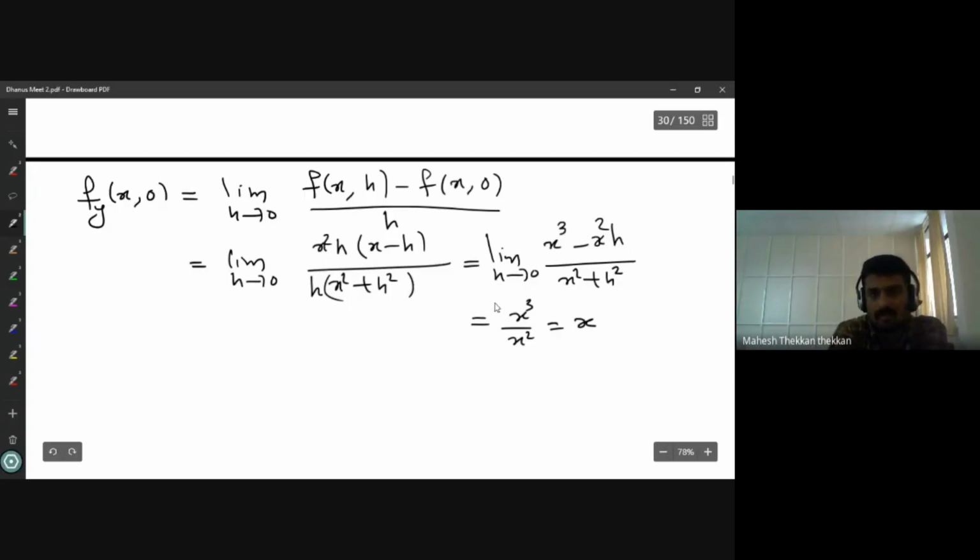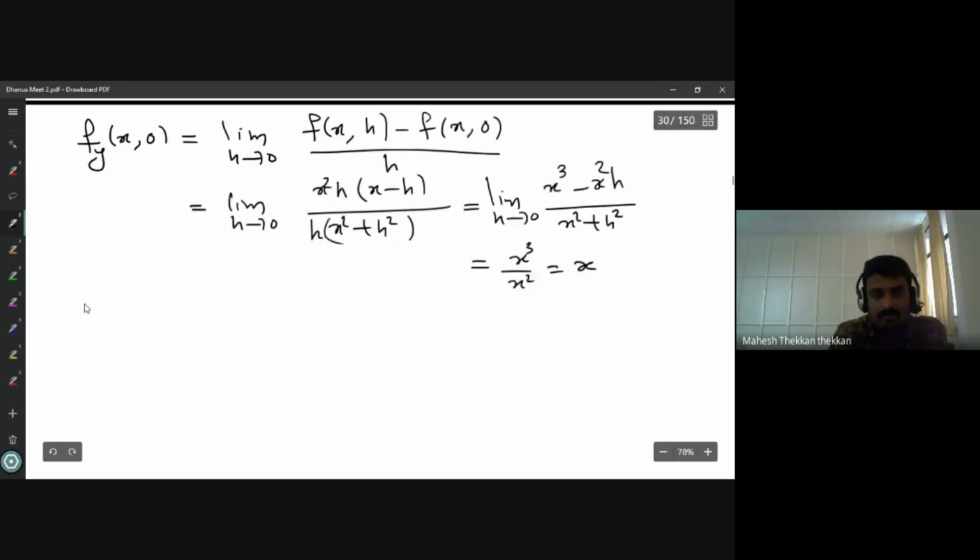That is a function of x alone. Now if I take the derivative with respect to x, what will I get?